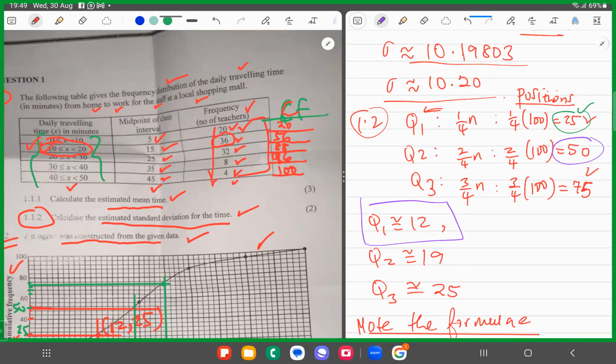Looking at the cumulative frequency, at the 50 position we are dealing with the class 10 to 20.